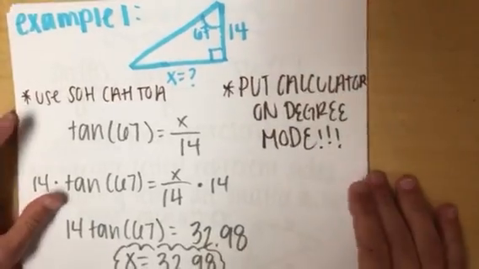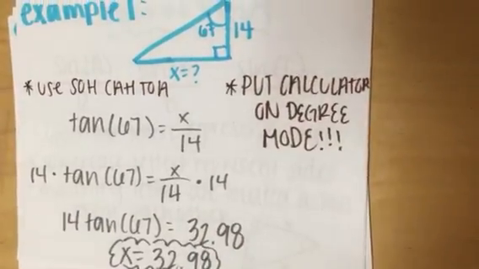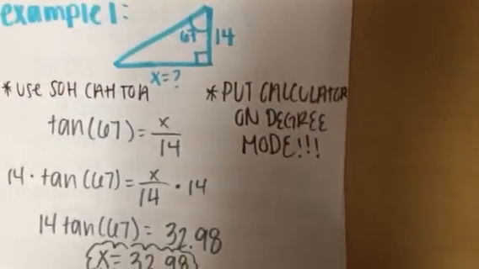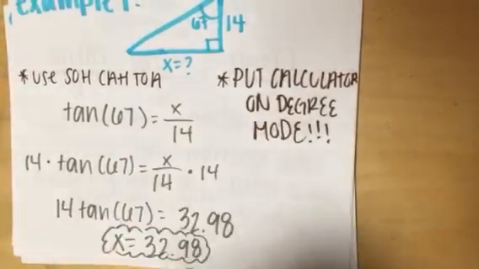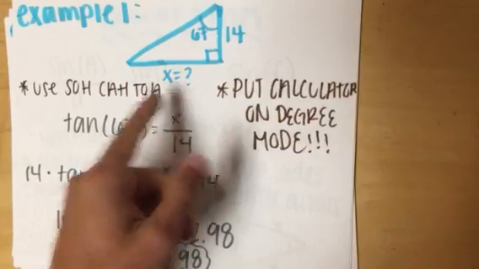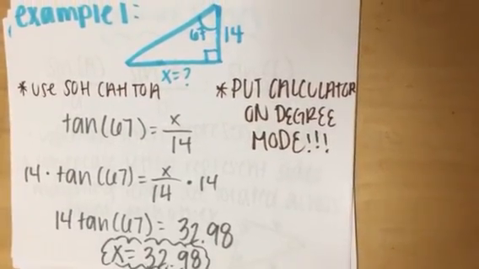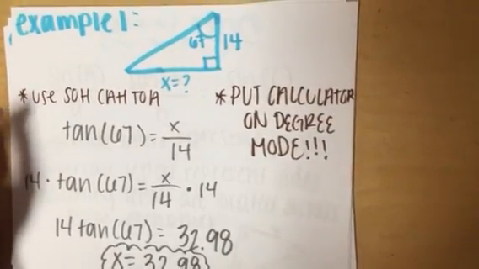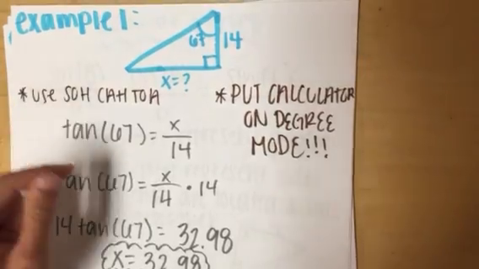Let's go ahead and just jump right into examples. Here's example number 1. Here we have a triangle. We need to find x, and the key here is to use SOHCAHTOA and put it in degree mode.